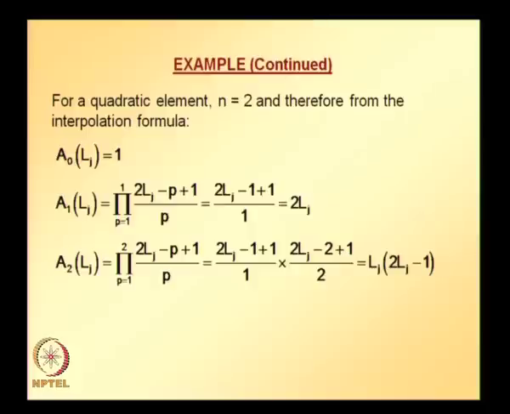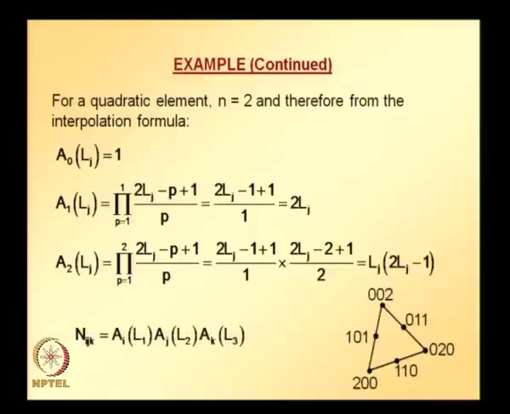So, a1 Lj turns out to be 2 Lj, and also it can be verified that for a2 Lj, i takes values 1 and 2. So, counter goes from 1 to 2. So, 2 terms we need to take product of those. So, finally, it results in Lj times 2 Lj minus 1. So, depending on j value we can use this a0 Lj, a1 Lj, a2 Lj.